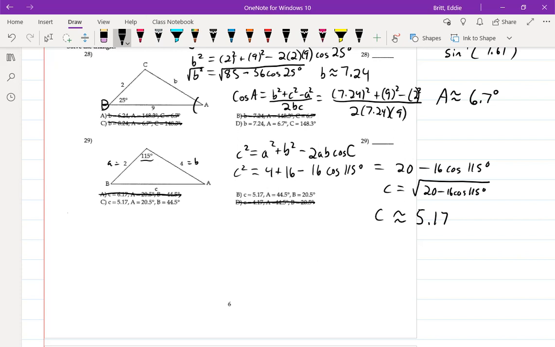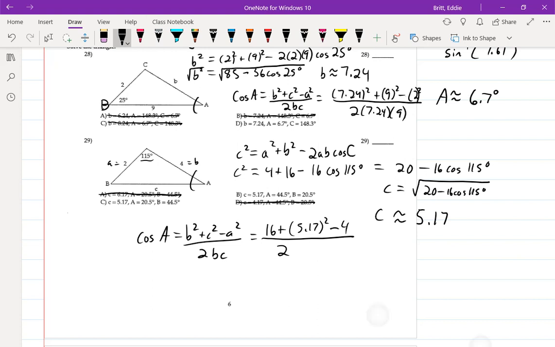So let's just go ahead and solve for angle A, since that's what we solved for last time. The cosine of angle A, we already have the formula written down: B squared plus C squared minus A squared all over 2BC. B is 4, so that's 16 plus, I'm just going to leave this as 5.17 squared, and then minus A squared, A is 2, so 4, all over 2BC.